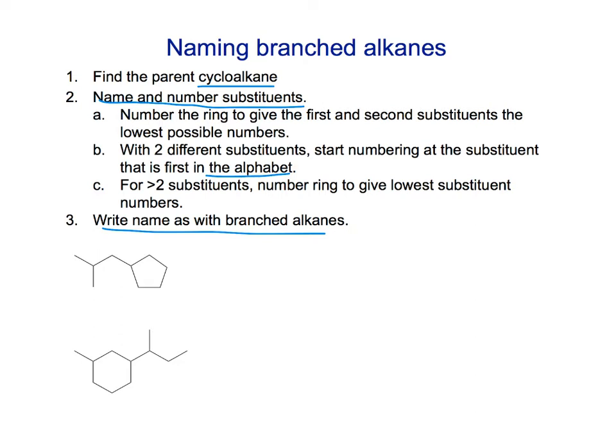Alright, so for the first example here, we have a 5-carbon cycloalkane. So this is cyclopentane. And we have only one substituent. Do you know what this is? It has the branched methyl groups at the end.